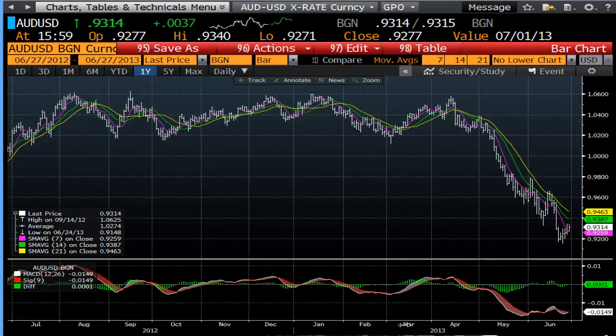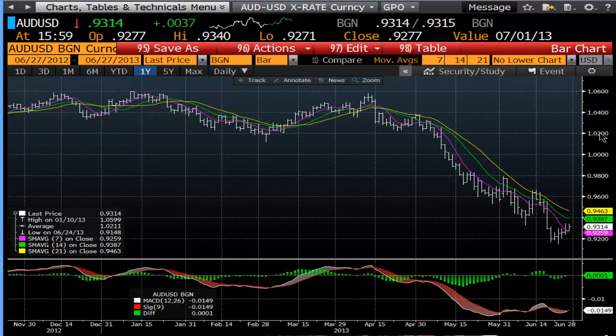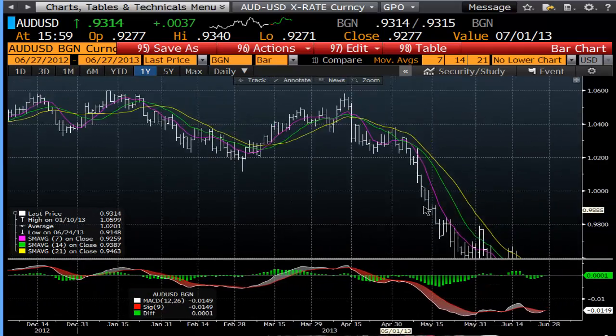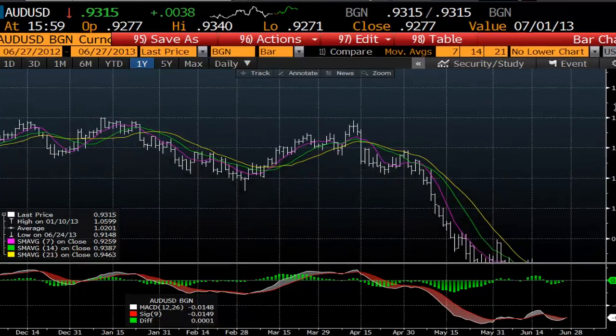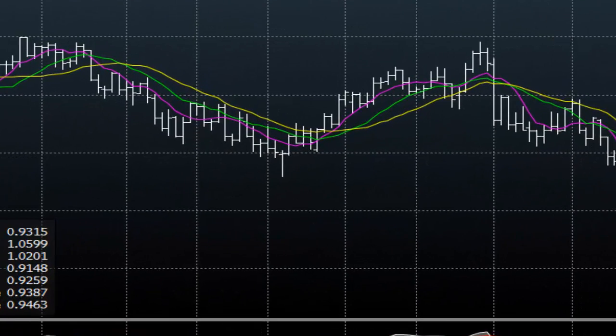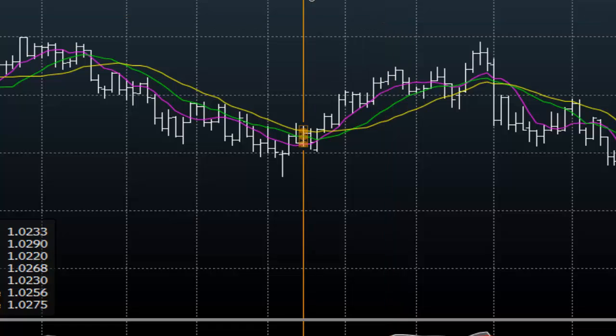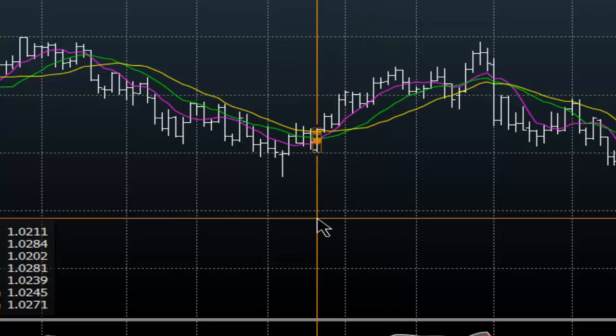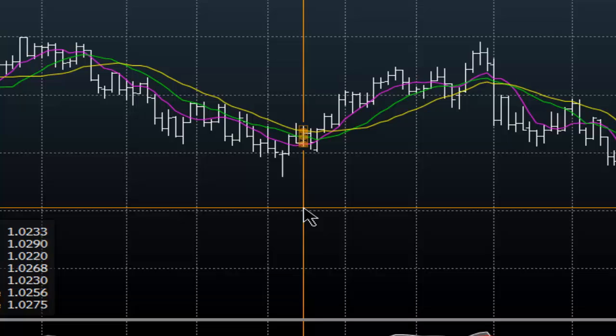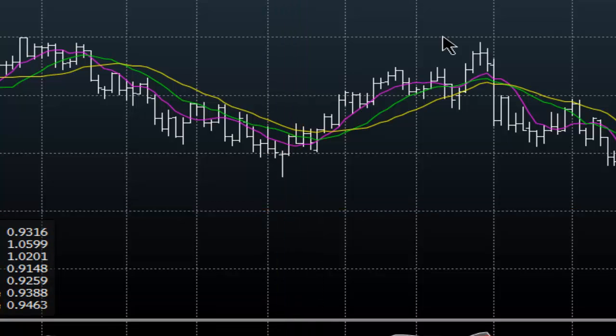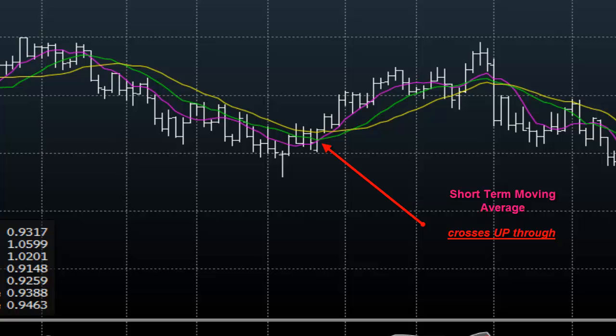Looking at this daily, and I'm looking at the Aussie dollar to trade here, I can see that I have over here a cross where the pink line, which is the 7-day moving average, crosses over the green line, which is the 14-day moving average.